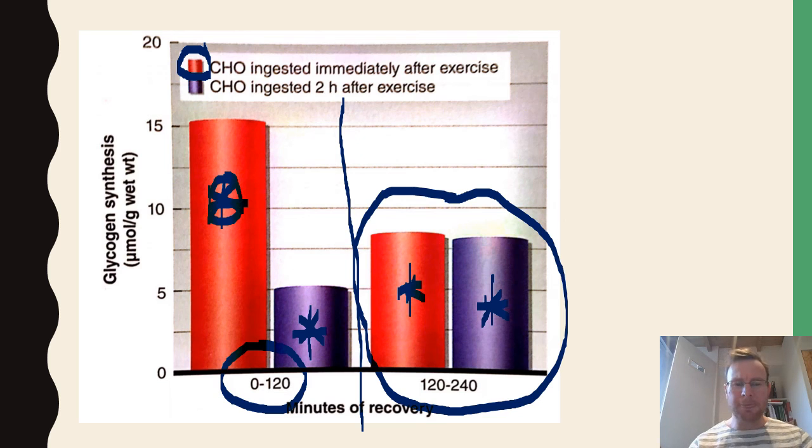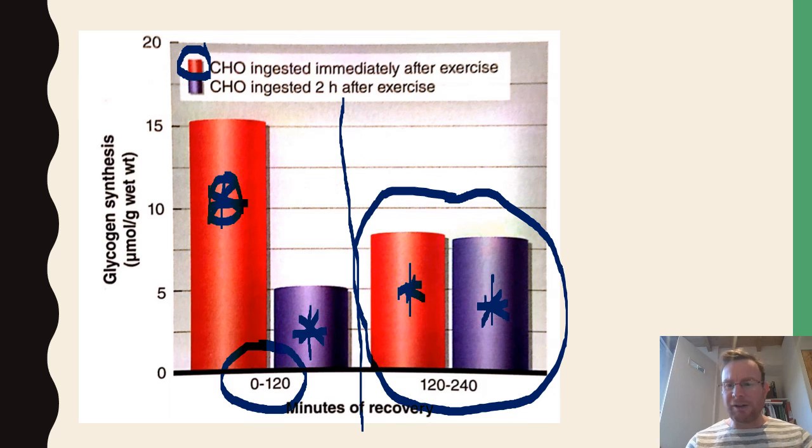So what you see here on the right hand side is what's then happened. If you revisited both groups and looked at the recovery between hours 2 and 4, you'd see that even though the red group had eaten something immediately after exercise and had nothing since, their carbohydrate levels are still higher than the group in blue who had eaten something within the last 2 hours.